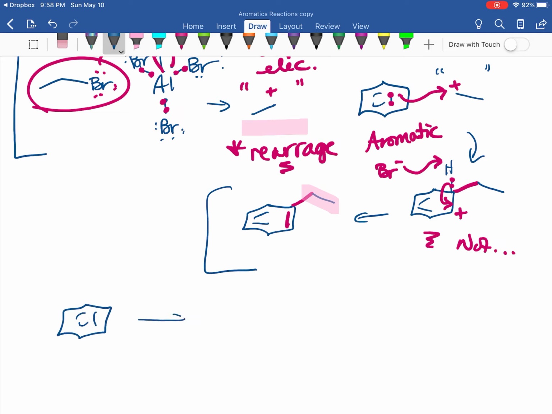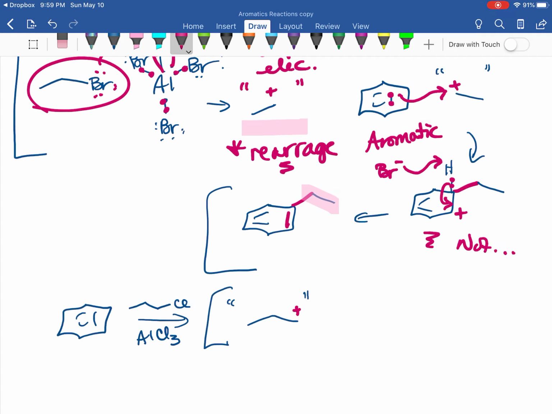Now what you do have to be careful of is a carbocation rearrangement. So let's say I take something like, let's take something like this. Okay, what carbocation are we about to make?